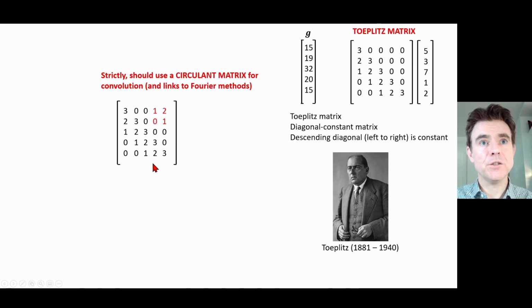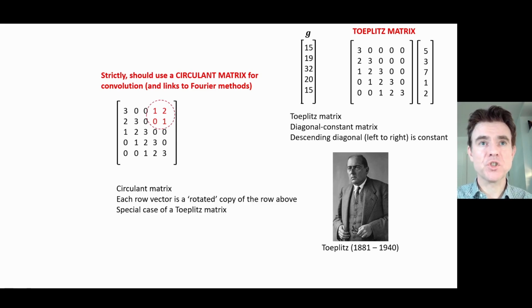And so for that case, instead of cropping off the values, we need to actually wrap them around. So 3, 2, 1, instead of dropping it, we wrap it around back at the top. 3, 2, 1, wrap it around back at the top there as well. And that would be called a circulant matrix, which is a special case of a Toeplitz matrix.